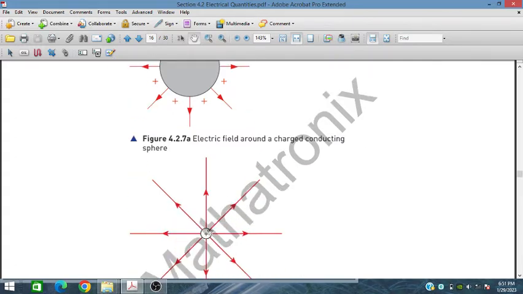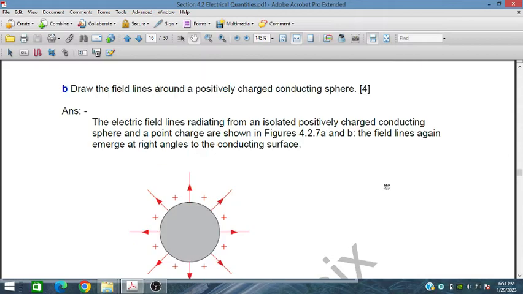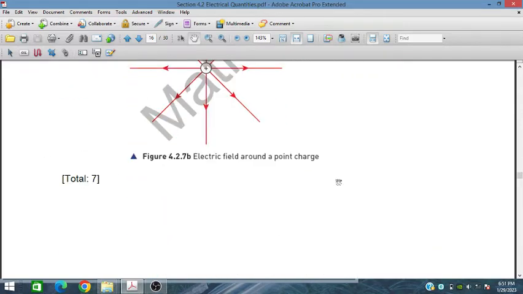So the field lines always emerge perpendicular to the surface. Here this is a tangent to the surface and this is perpendicular. So we can understand this.